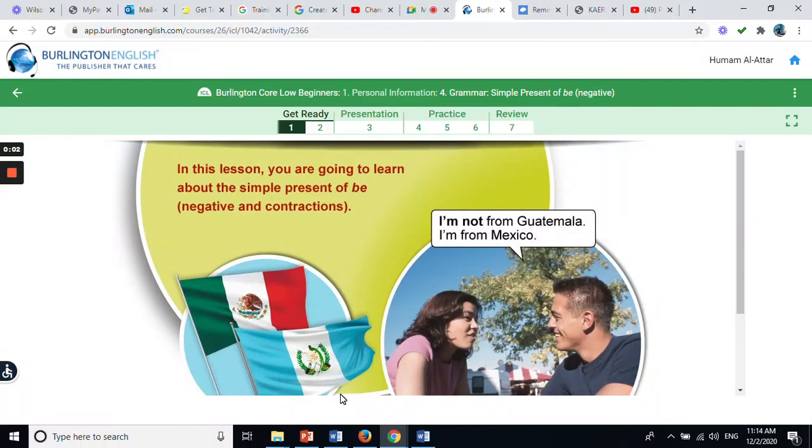So again, today we are still talking about personal information, and we are talking today about simple present of be, the negative form. Usually when you hear the negative or see this word, not, okay, that means this is the opposite of positive.